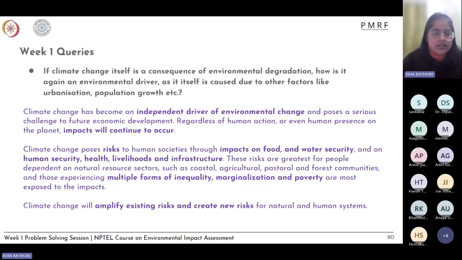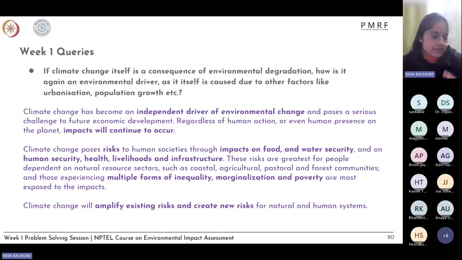Because even if the human activity is stopped, or any negative human activity is stopped, the temperature of the earth will continue to increase right now. So it has become a challenge to human societies now. So it has become an independent driver, even though it is caused by human effects and other factors.